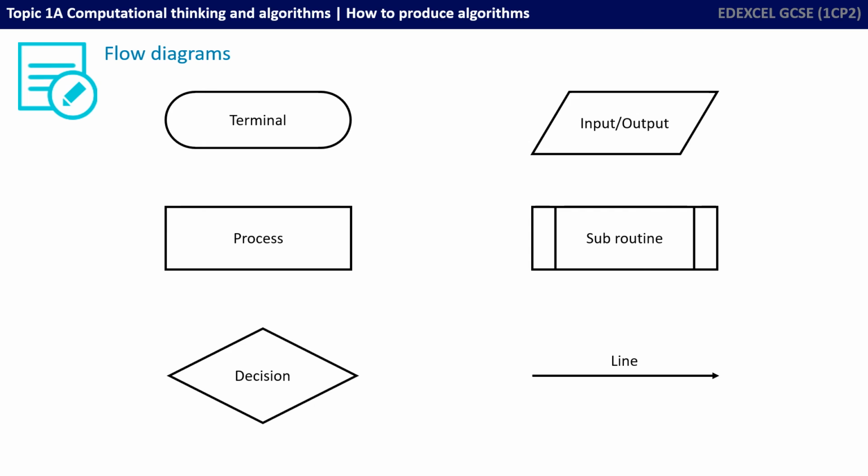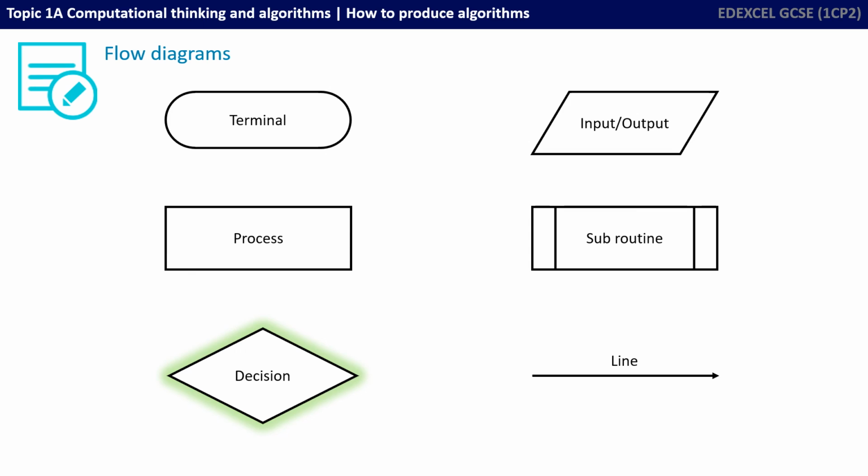So all flow diagrams use a common set of symbols. There are many symbols, but 6 of the most popular ones that you'll be expected to know for the exams are shown here. You've got a terminal symbol, and that shape represents the start or end of a process. Then you have a process symbol, and this shape represents something being initialized, processed, or calculated.